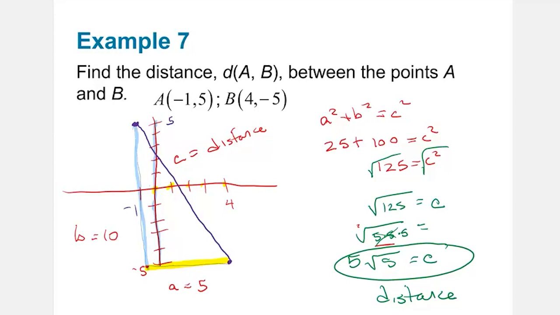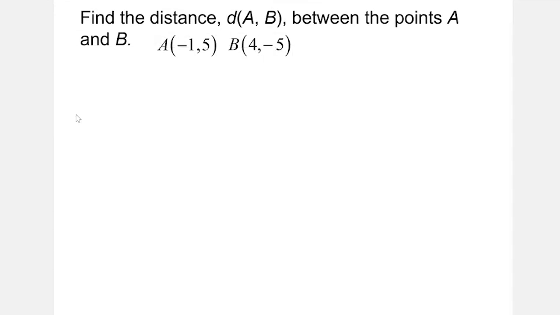Very good. Now I'll do the same exact problem, just using the formula. So again, if I know the formula, which is the distance, I can remember it pretty easily because I know it's the square root of the difference between the x's squared plus the difference between the y's squared.